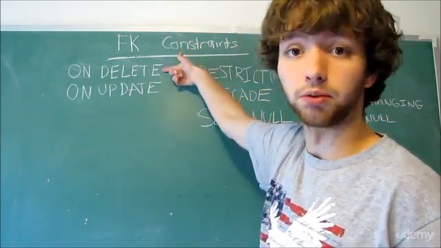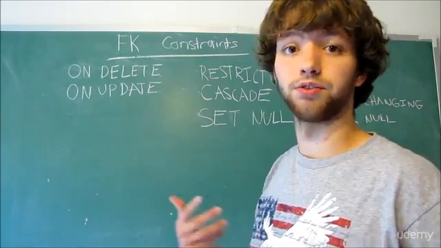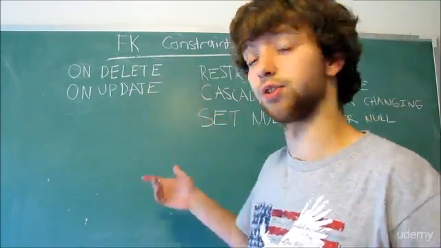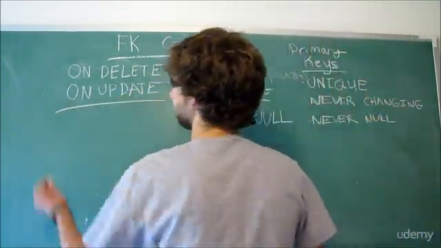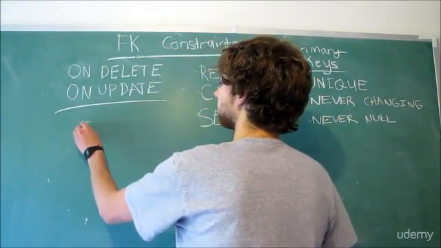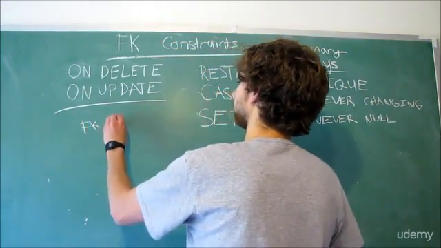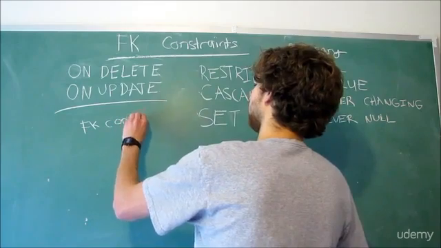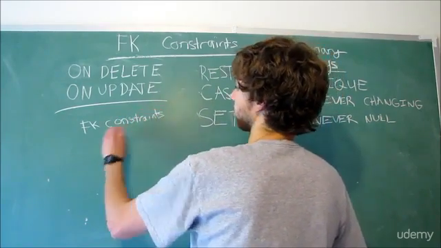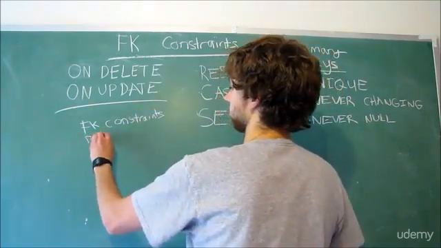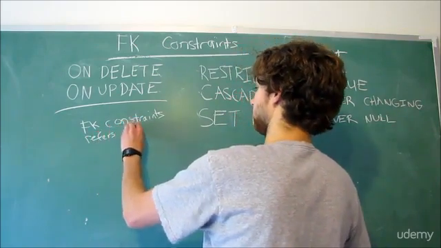When we delete the parent, we want the children to do something. That is what these keywords mean. These keywords are talking about the foreign key constraint, and it refers to the parent.